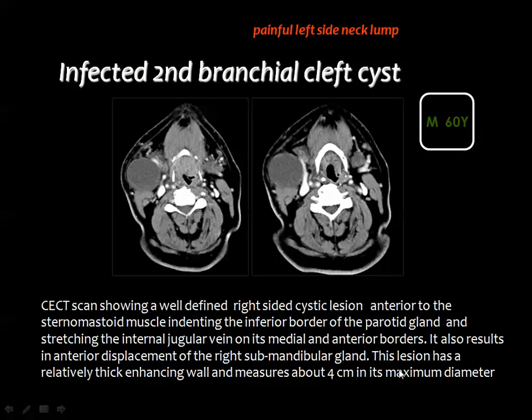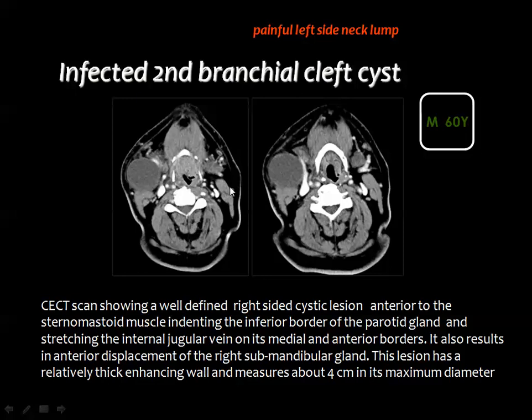The second branchial cleft cyst may also be infected, and you remember that the second branchial cleft cyst is the commonest cyst of all the branchial arches, and it is located exactly posterior to the submandibular salivary gland, anterior to the sternomastoid muscle. This is the usual location of the second branchial cleft cyst. And sometimes this cyst may have a tongue-like projection between the internal and external carotid artery, which is considered by many as one of the pathognomonic features.